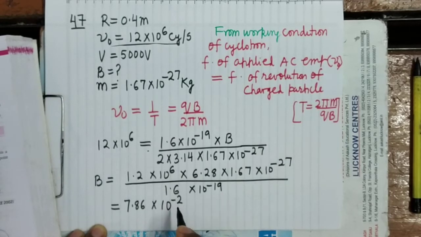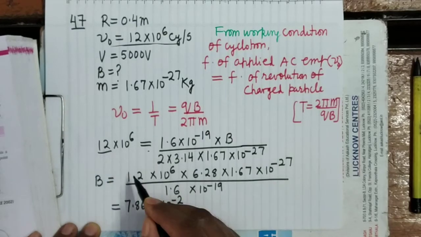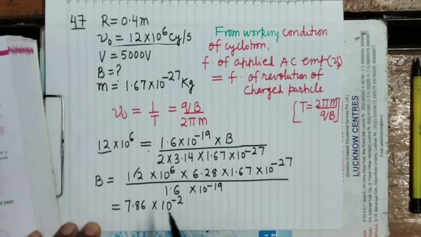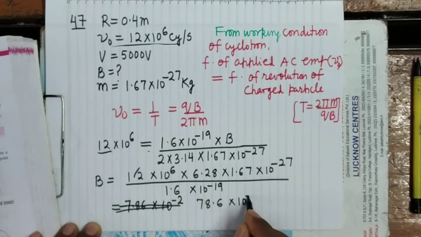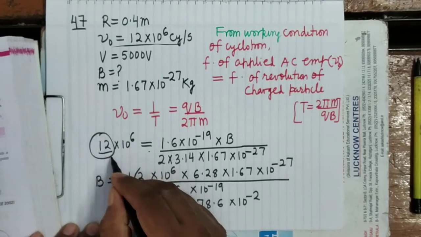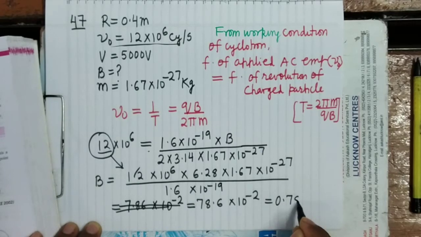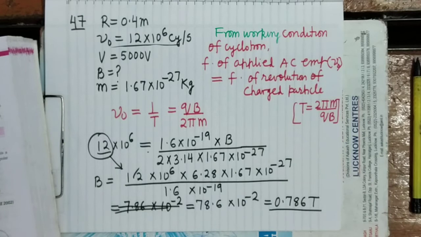You can see the calculation once again. Here it is 12 into 10 to the power 6, so this is equal to 78.6 into 10 to the power minus 2. Because this is 12, here also it will be 12, equals 0.786 Tesla. This will be the magnetic field.